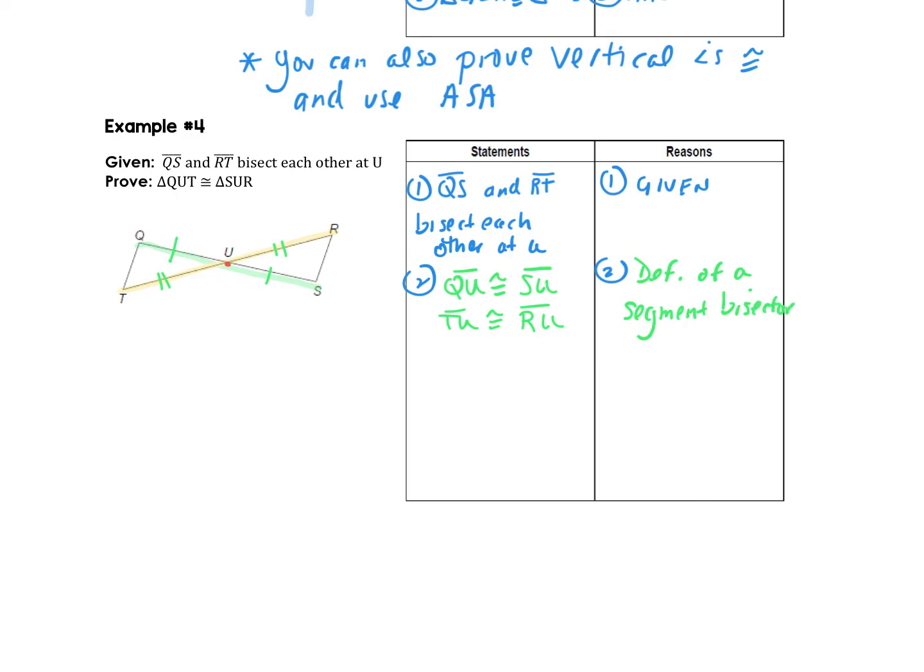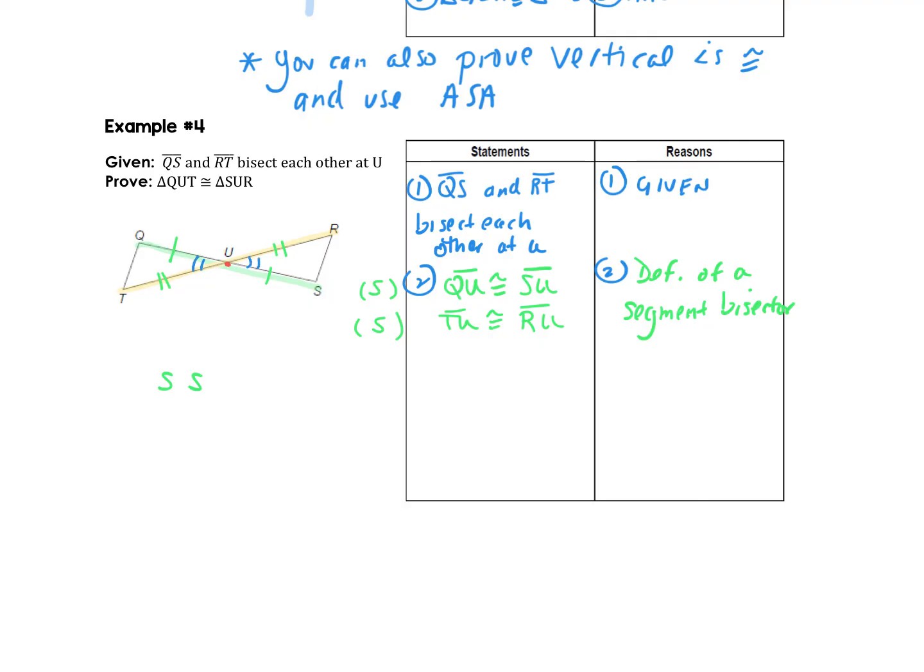Well, that gives us two pairs of sides that are congruent. So we have two S's already. We want to put that out here. All right, now we're done with segments, and we can't prove that QT is congruent to RS. We don't have any reason to support it, so we have to look at the picture and see what else we can prove.